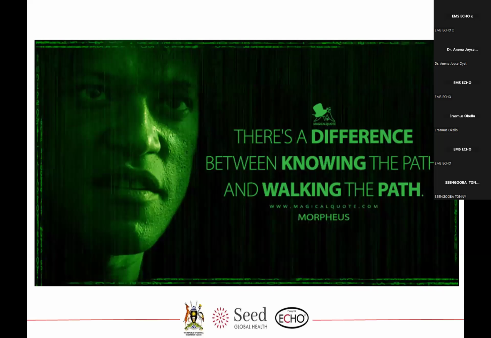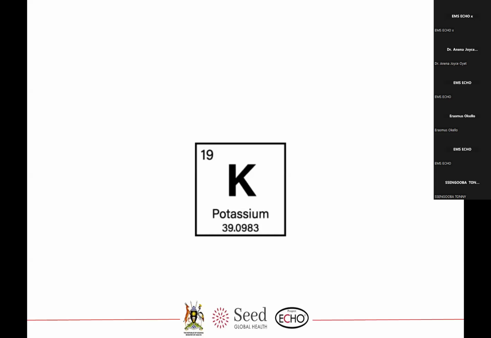The problem is that there is a difference between knowing that stuff and actually practicing it. And I can see some questions coming through already in the chat. So I'll just use some few electrolytes, if possible. I don't know if I still have enough time, just to give an idea of how to think around a problem in an emergency.